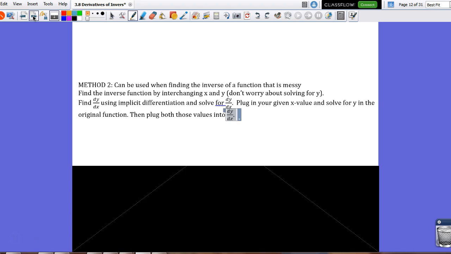Everybody wants to plug it in for the y. It represents the y of the original, the x of the new one. It depends on what way you're talking about. I'll just follow your way.